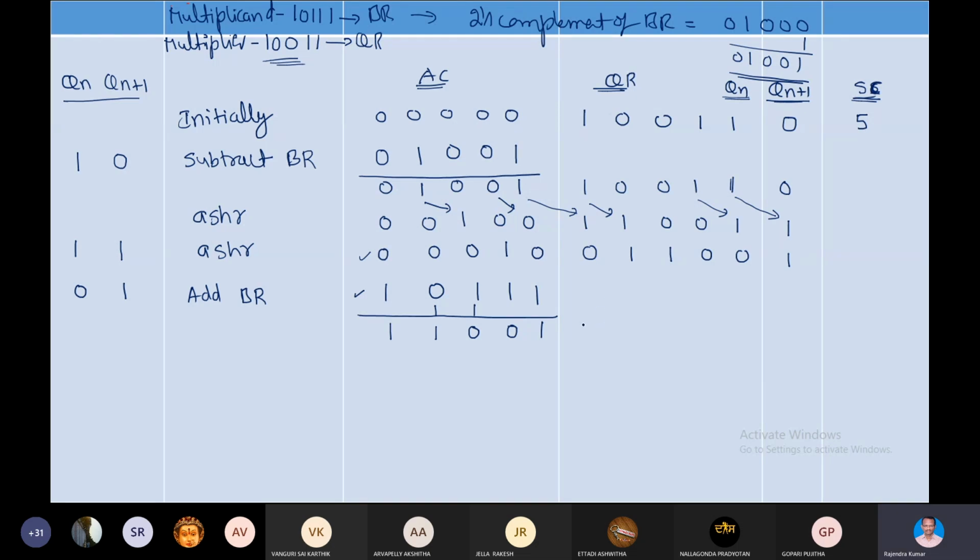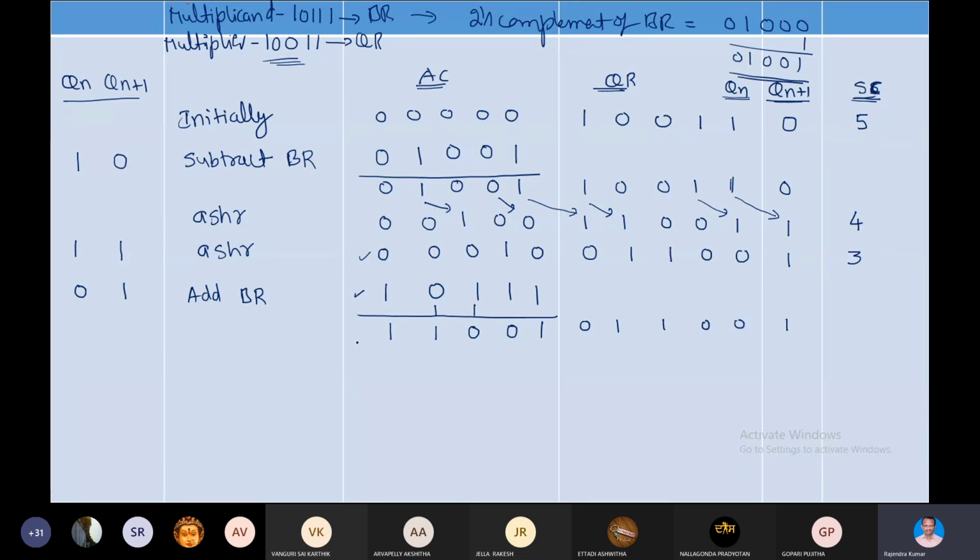Of course previously you had 0 1 1 0 0 1. Oh sorry, I have not seen the sequence counter. Here, after arithmetic shift right, the counter will be decremented by 1. So 4, then again it becomes 3.